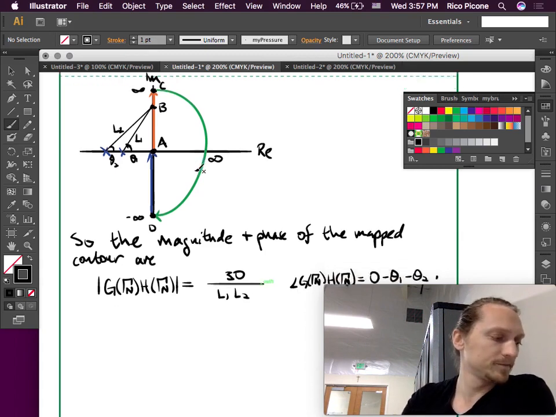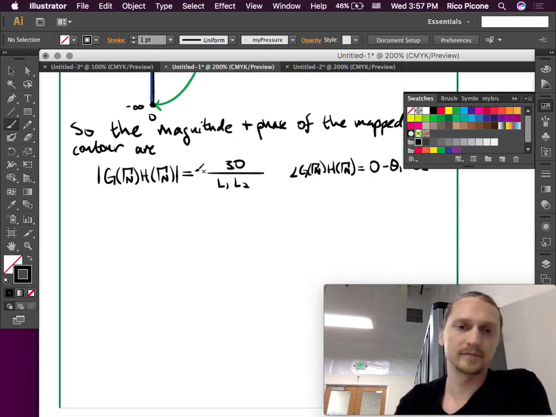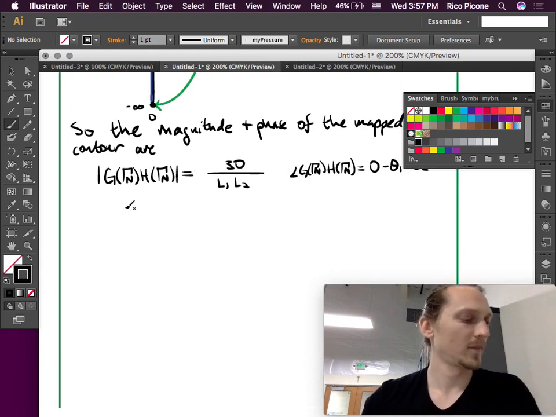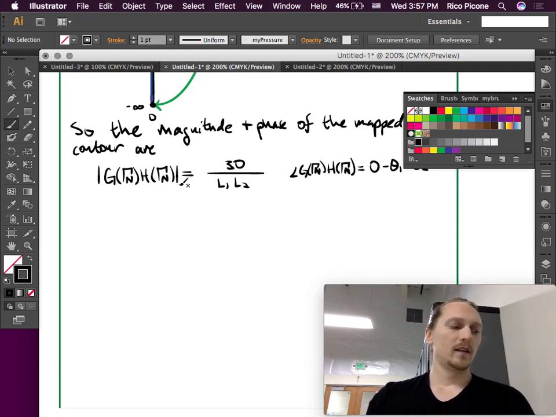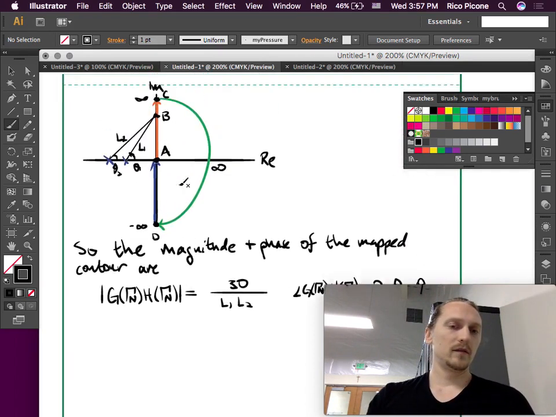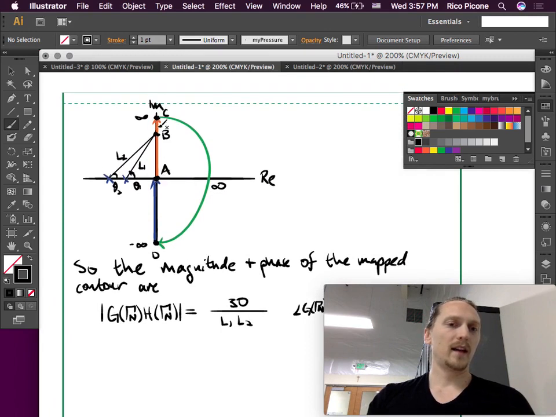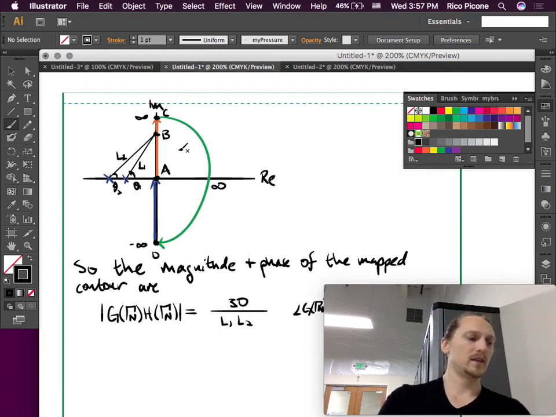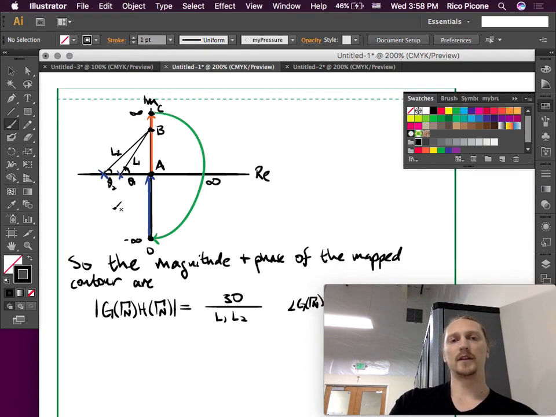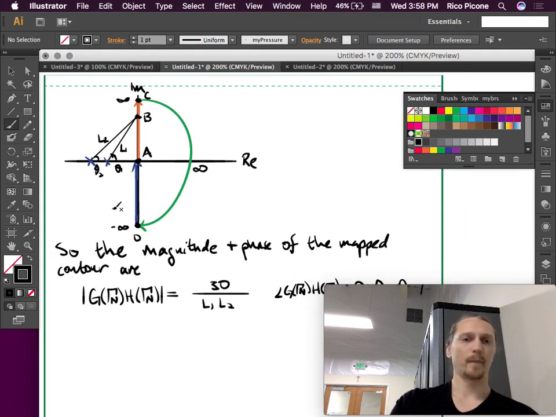So let's begin at A and go up to C on the positive j omega axis. If we start at A, what are these two angles? 0 and 0, right?